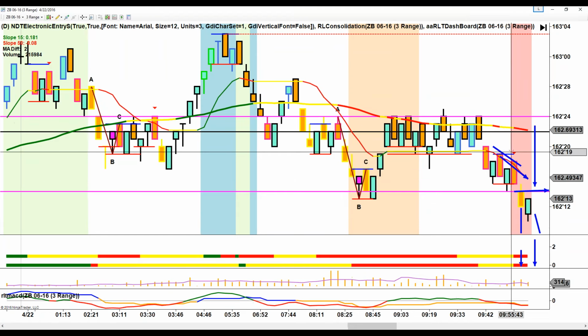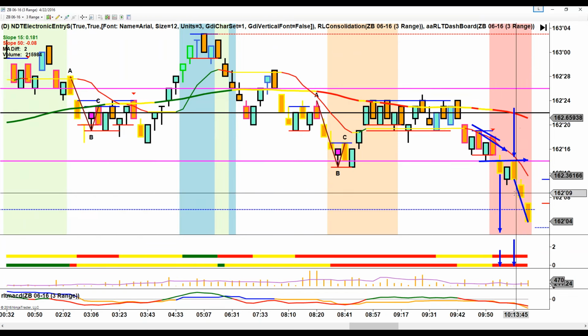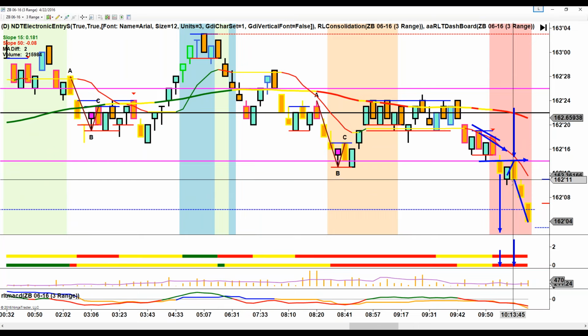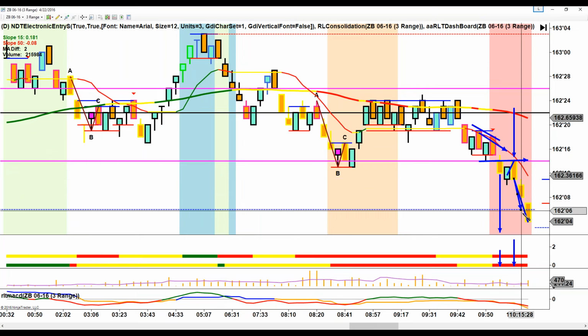So you see the first setup is right into the value area low and it breaks it. But then it retests it and down you go.